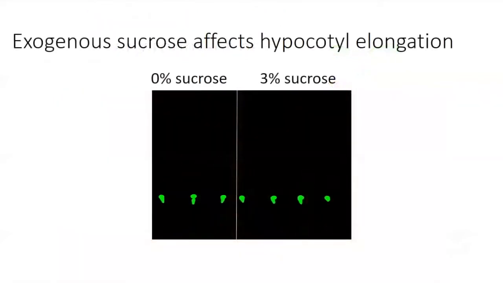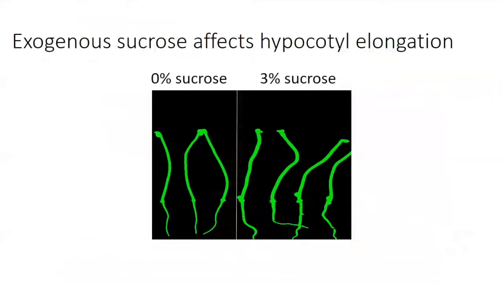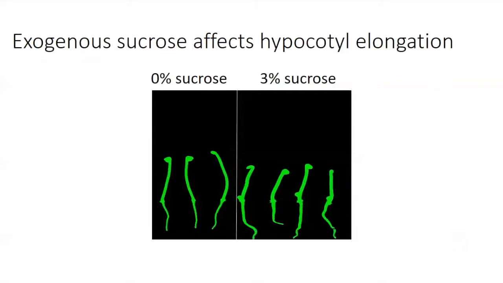And so what we noticed in the lab is that if you grow Arabidopsis on plates with sucrose, their anisotropy is actually different. What it looks like in this video is that these are shorter. They're slower and they're shorter, and you would think, well, maybe that's a bad idea.